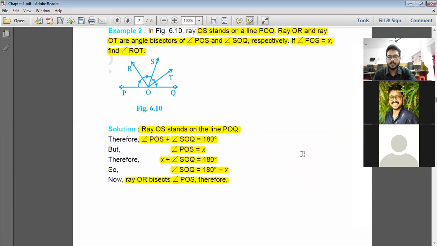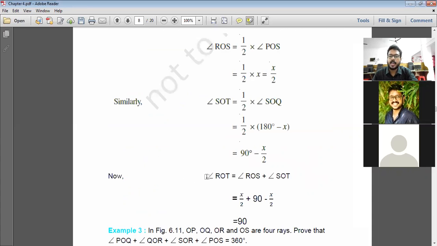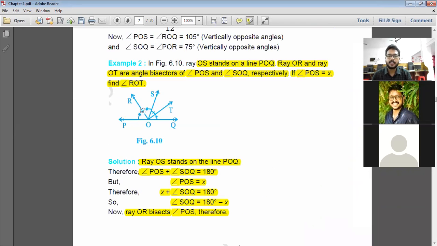So we will get angle ROT is equal to angle ROS plus SOT, which is x by 2 plus 90 minus x by 2. So x by 2 gets cancelled and the final answer is 90. Thus we have found angle ROT is equal to 90 degree.